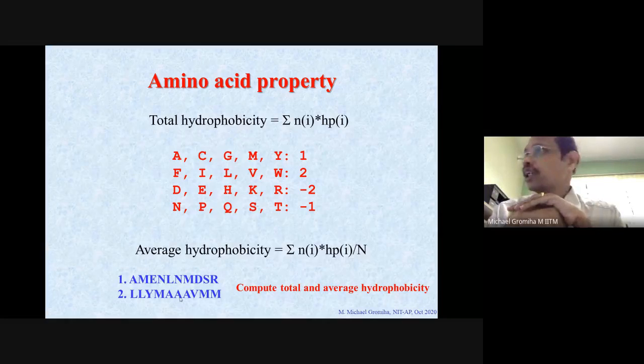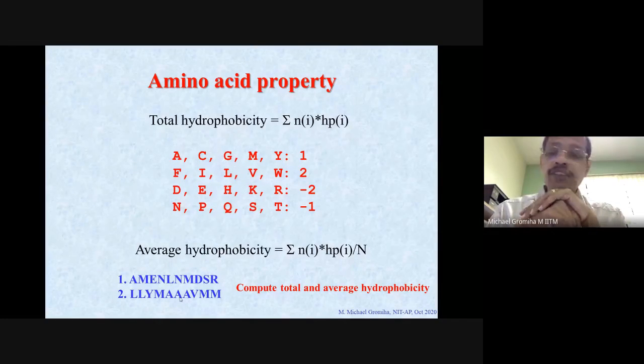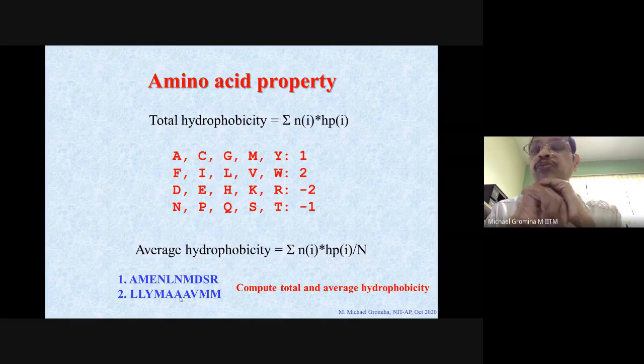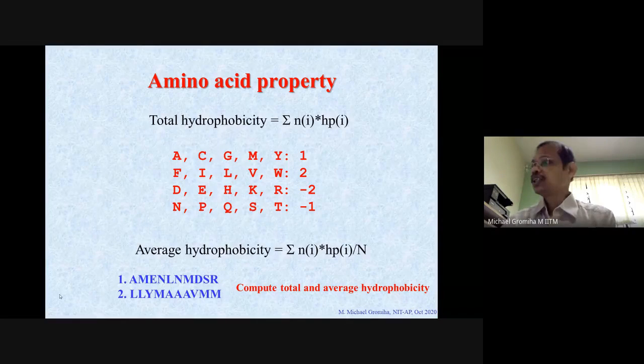What about the second sequence? 13. Anybody else got the same number? Okay, fine. So now the first one is -4 and the second one is +13, right?